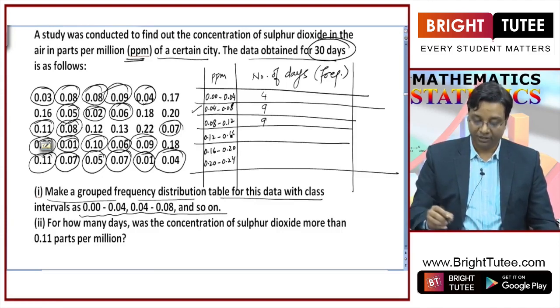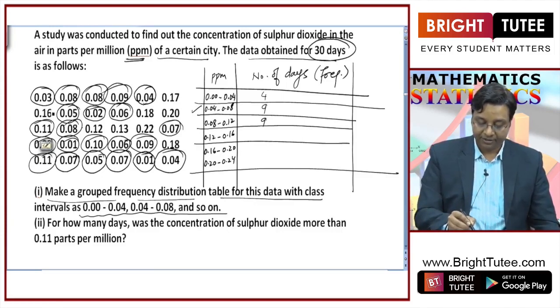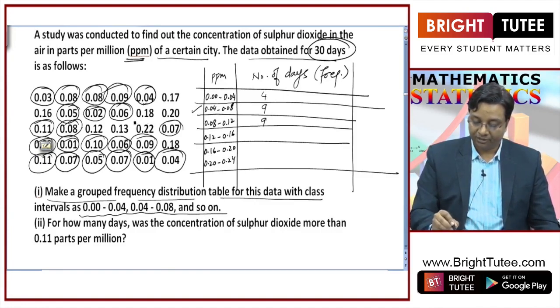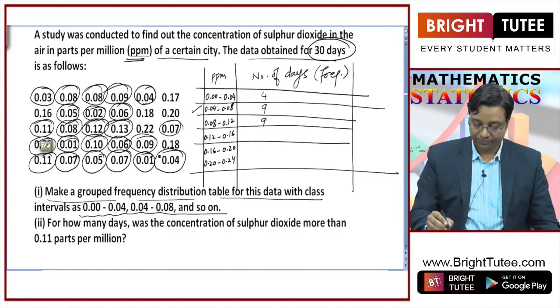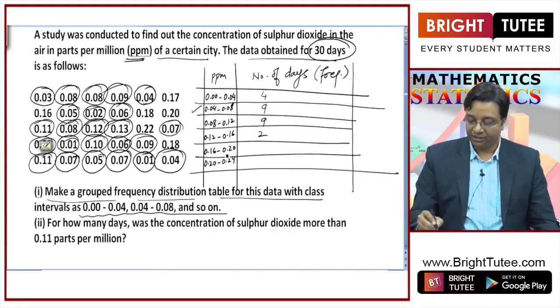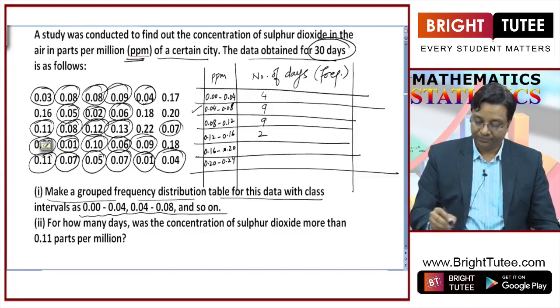0.12 to 0.16. So this time 0.16 will not be included, but 0.12 will be included. 1, 2, there are 2 such days. 0.16 to 0.20.